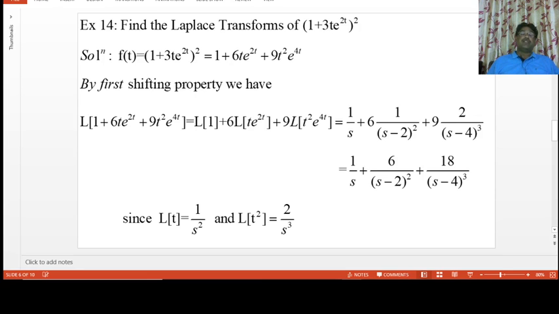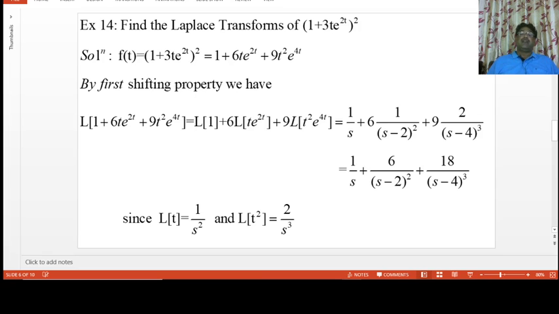Now we are getting totally 3 terms. The first term we can directly write. In the second and third terms, we can make use of the first shifting property. In the second term, f of t is t. In the third term, f of t is t square. You know, L of 1 is 1 upon s, L of t is 1 upon s square, and L of t square is 2 divided by s cube.